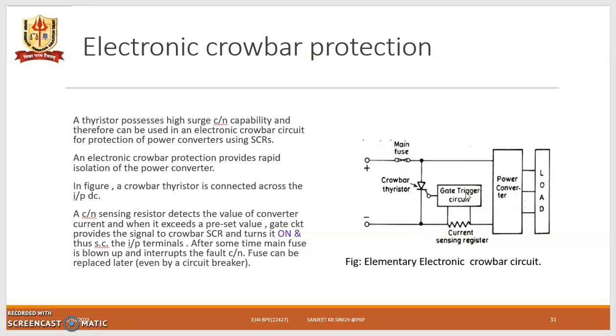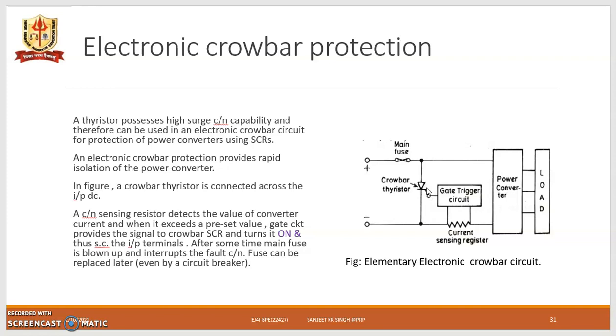A current sensing resistor detects the value of the converter current, and when it exceeds the preset value, the gate trigger circuit is activated and provides the gating signal to the crowbar thyristor, thus turning it on.